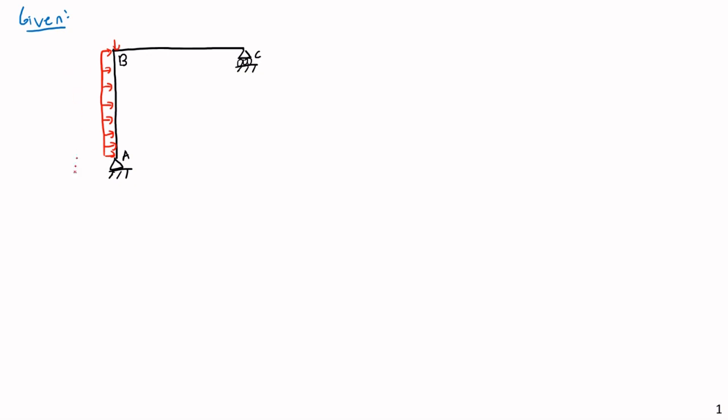Let me label that 1 kip per foot. And let's put 2 kips per foot along the horizontal, along this beam.